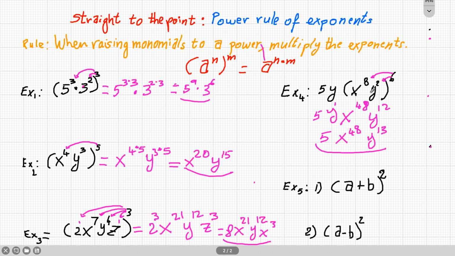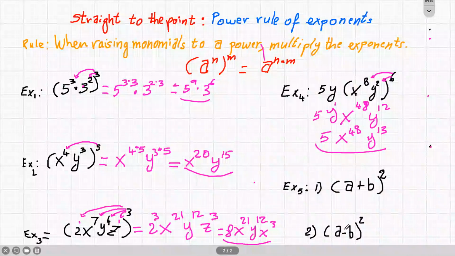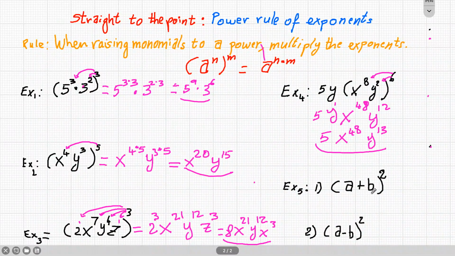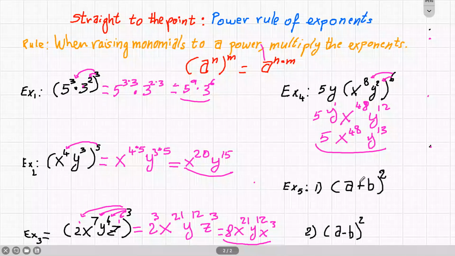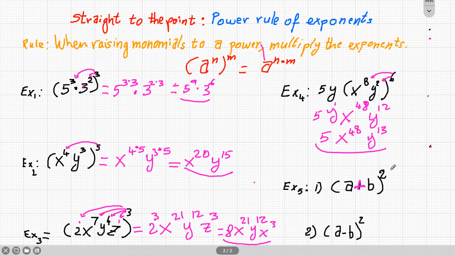That's a one-term polynomial. Everywhere that you see is just one term. Once we start having plus or minus signs separating the terms, they are no longer monomials. So you cannot just distribute the power right here. This is not a squared times b plus b squared, because this right here is a plus. It needs to be a product inside for you to distribute the exponent. The rule that we talk about here does not apply to these two.